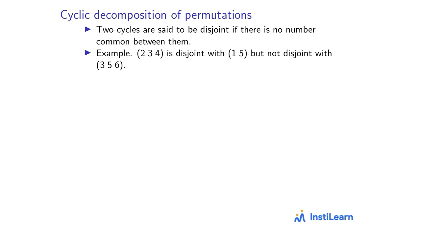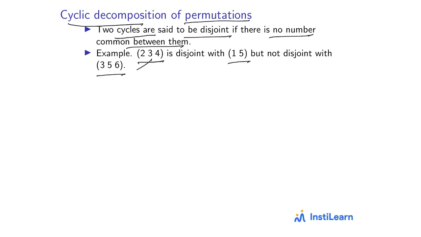Now we'll learn how any permutation can be decomposed into cycles. First, a definition: we say that two cycles are disjoint if there is no number common between them. Let's try to understand using an example. (2, 3, 4) is a cycle of length 3, (1, 5) is a cycle of length 2, and (3, 5, 6) is a cycle of length 3.